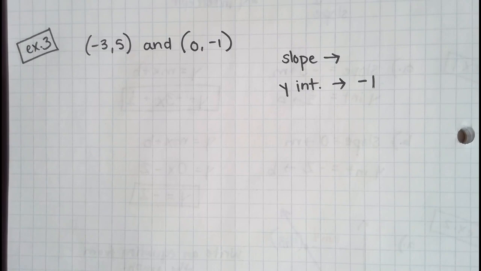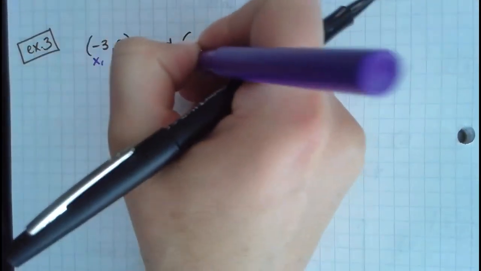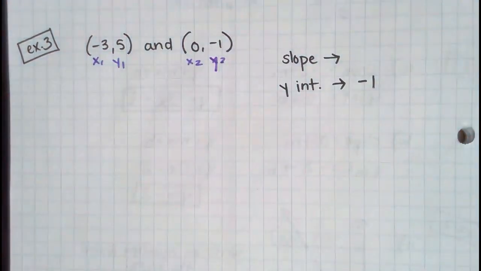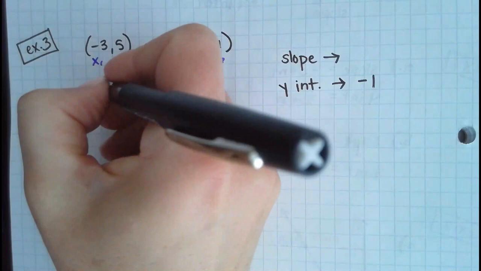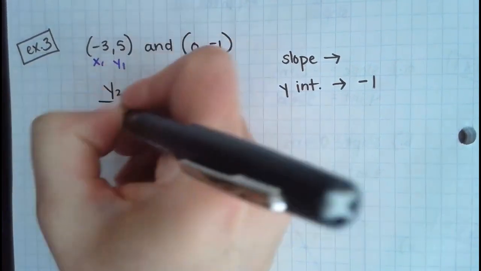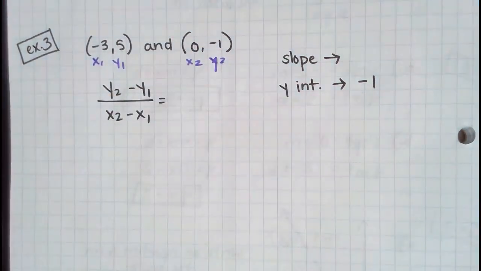Yes, we're going to use slope formula. So I'm going to label these x1, y1, and x2, y2. And then I'll plug it in. y2 minus y1 over x2 minus x1. And we'll find the slope.